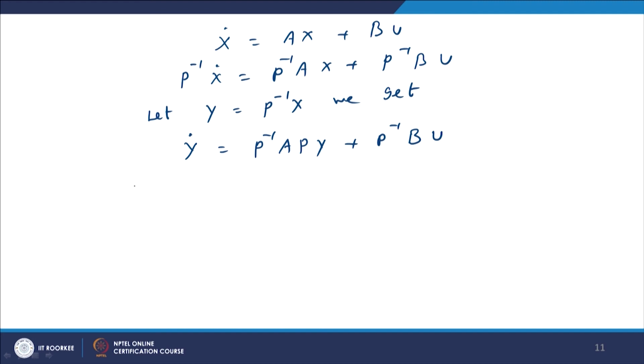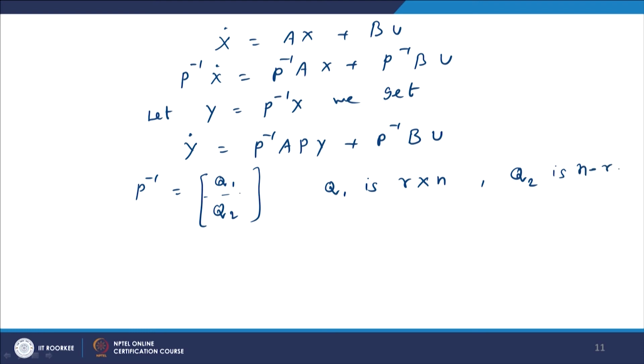Let us write this P inverse as a block matrix Q1, Q2. The first block Q1 has R rows and n columns, and Q2 has n minus R rows and n columns.